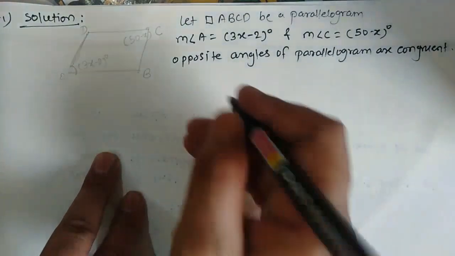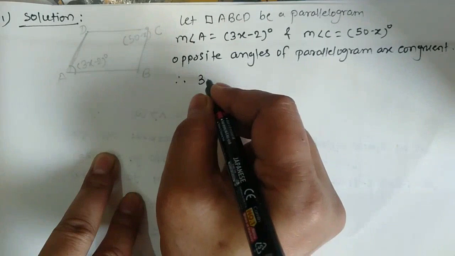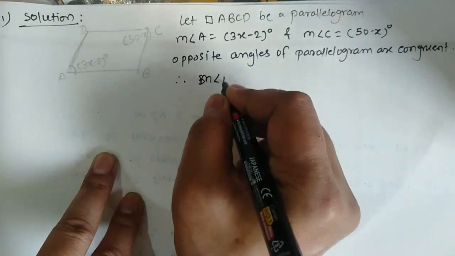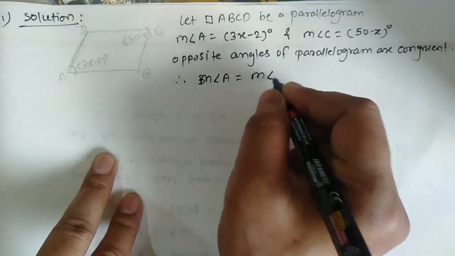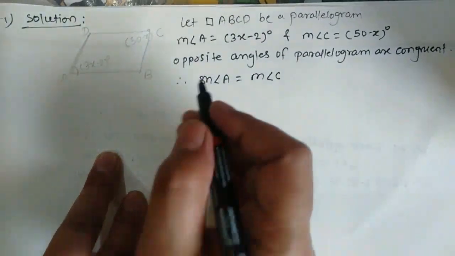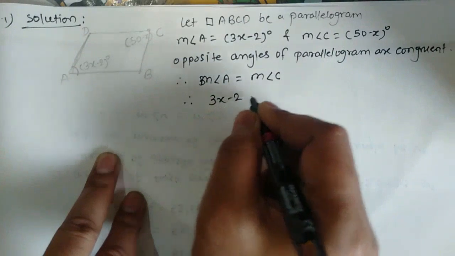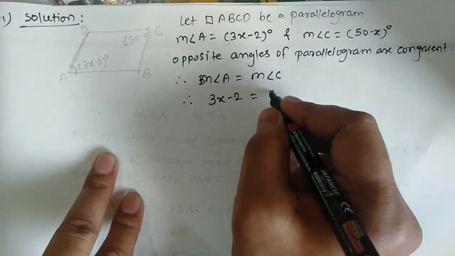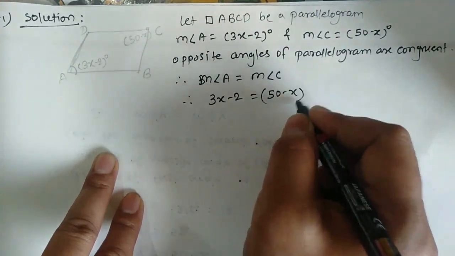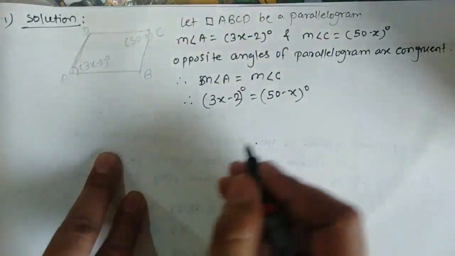Correct? Therefore, measurement of angle A is equal to measurement of angle C. Put the values. Therefore, 3x minus 2 is equal to 50 minus x degree.